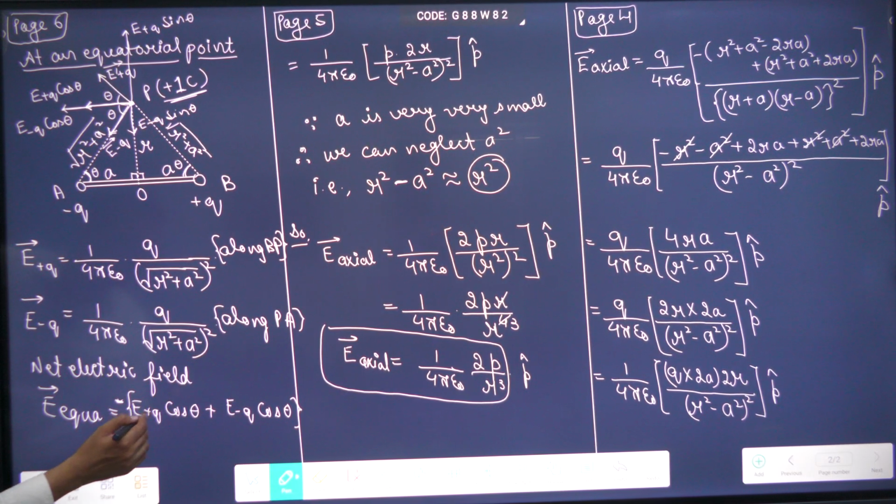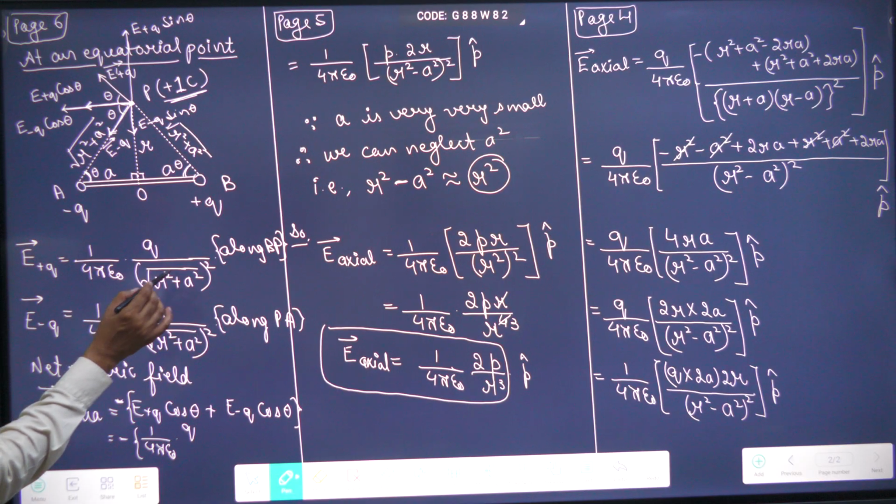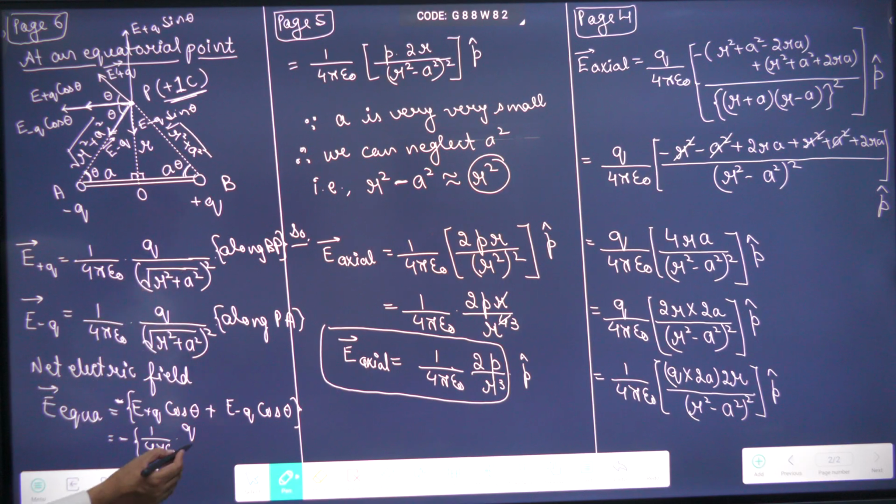Now minus sign, and E plus Q cos theta, E plus Q is this and cos theta. So 1 upon 4 pi epsilon naught Q upon, when we take the whole square of a under root term, then the whole square cuts out this under root.